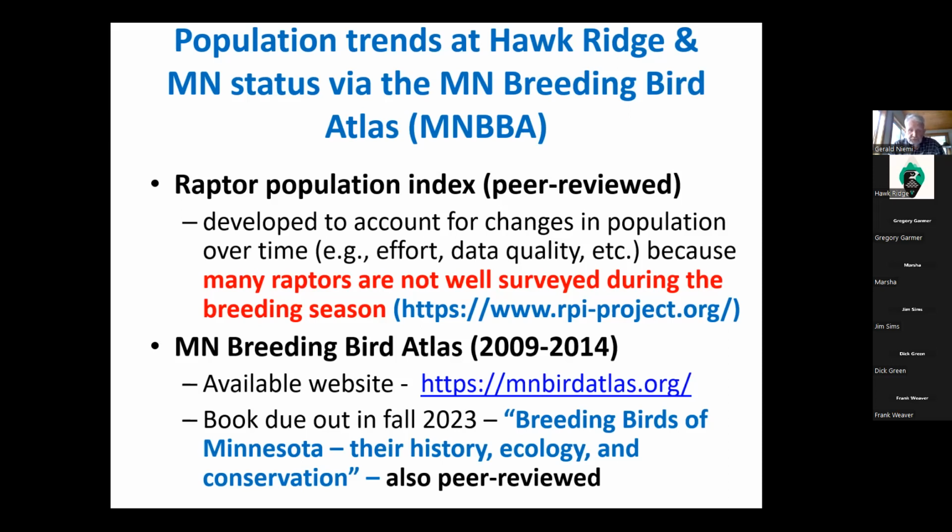The second one I'm going to show you is some of the results of the Breeding Bird Atlas. By the way, I've shown the website, so if somebody wants to go look at it, you can pull up the same data that I've got from Hawk Ridge for each species. You can look at different counts in different places. So that data is publicly available.